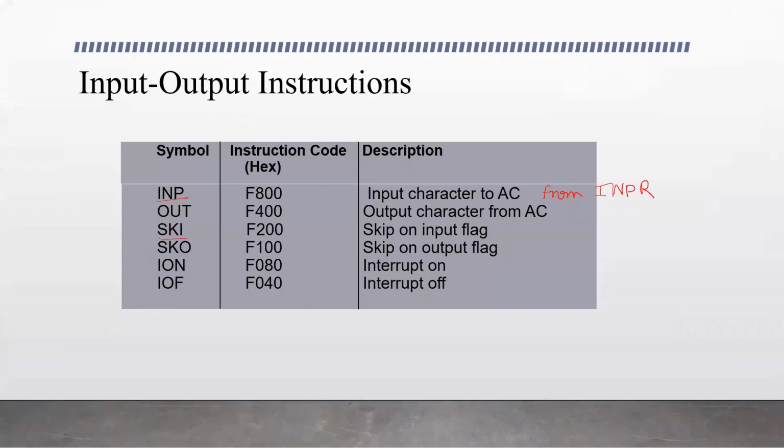SKI skips on input flag: when input flag FGI is set, it skips the next instruction. SKO skips on output flag: when FGO is set, it skips the next instruction. ION enables the interrupt, so the interrupt enable signal IEN is set to 1. When the IOF instruction is encountered, the interrupt is turned off and the value will be 0.